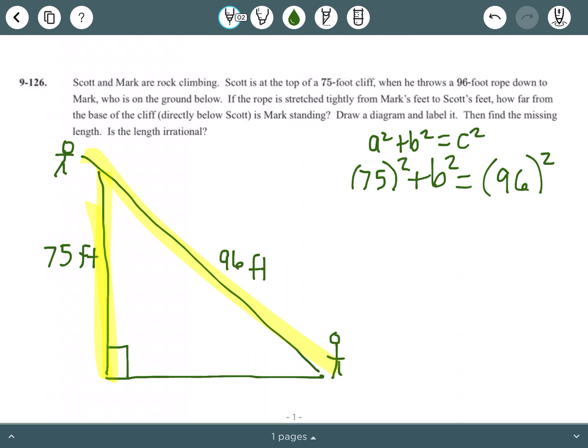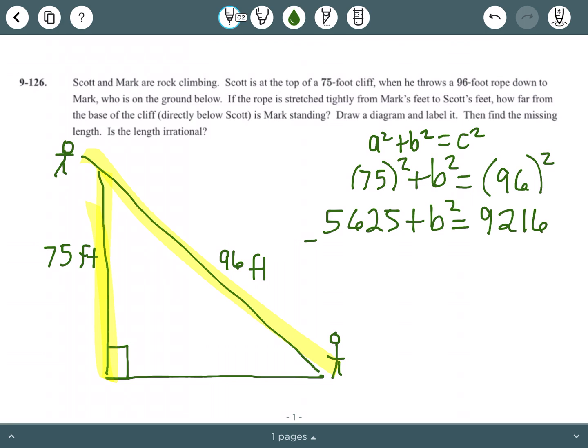When we put that in, it gives us 5,625. All right, we'll bring down our plus b squared, and then equals 96 squared gives us 9,216.